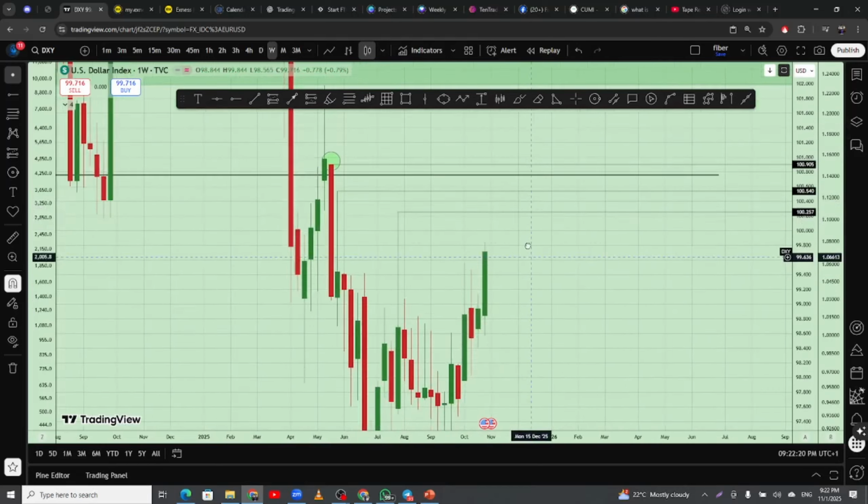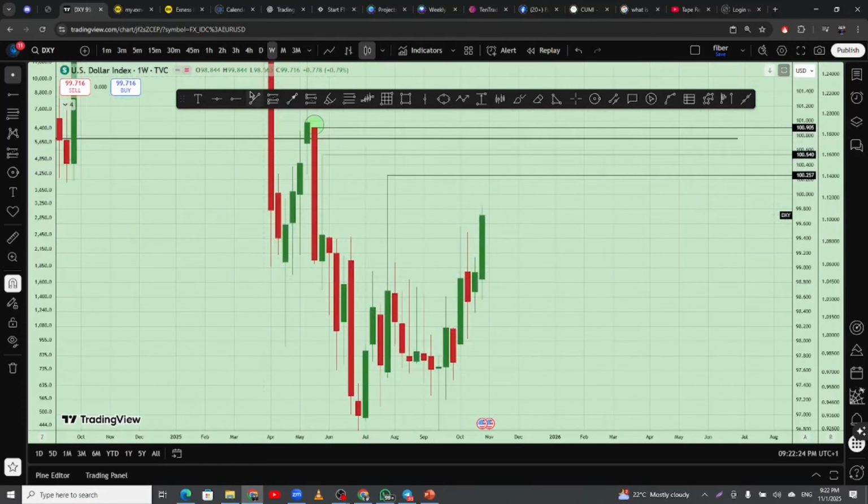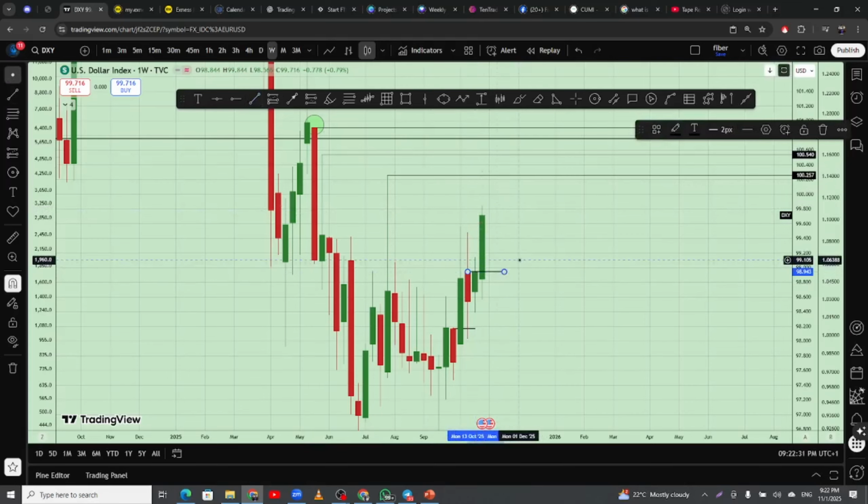All right, so DXY is still very much bullish, and you can see how this bearish candle supported price, and also we have another bearish candle right here. So it is supporting price, and then we're pushing it lower.